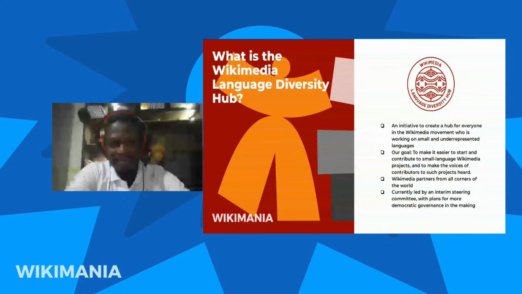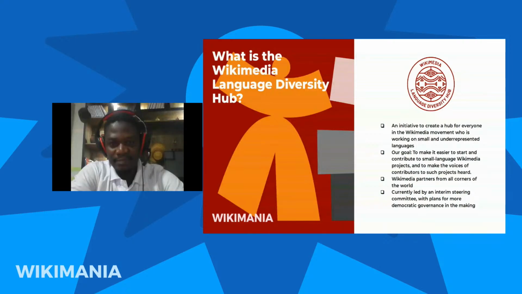The idea for a hub was, well, we started the hub idea late last year, but it's not an original idea because it builds on the amazing work that's been done already in the Wikimedia Language Diversity group on Meta, which was started in 2012 and has a lot of interesting people already. So we're not working in a vacuum here. But a lot of the idea for a more formal structure like a hub came as a result of the Celtic Knot conferences, which were organized by Wikimedia UK.